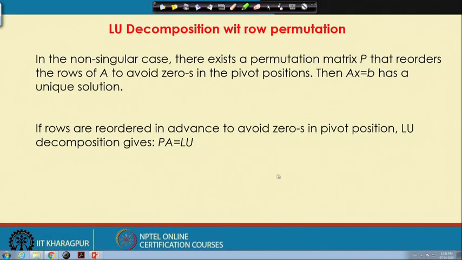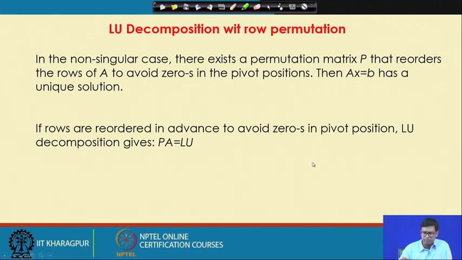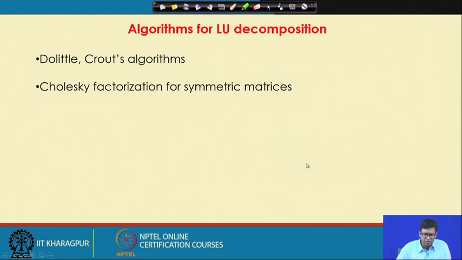Now, we will look into some of the algorithms for LU decomposition, because faster algorithms are needed to get the solution without going into the complexity of order n cube, which is needed for Gauss elimination. There are a few algorithms like Doolittle and Kraut's algorithm.